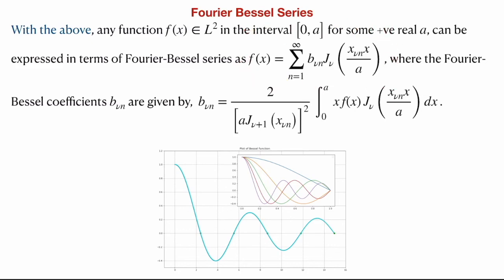Again, it depends on the convenience, what you want to do, whether you want the function to be 0 at x is equal to 0 or not. If the function is non-zero at x is equal to 0, then it is better to use j0 as your basis function. If it is 0 at x is equal to 0, then it is better to use j1 or any of the higher order Bessel functions to expand in terms of the Fourier Bessel series.